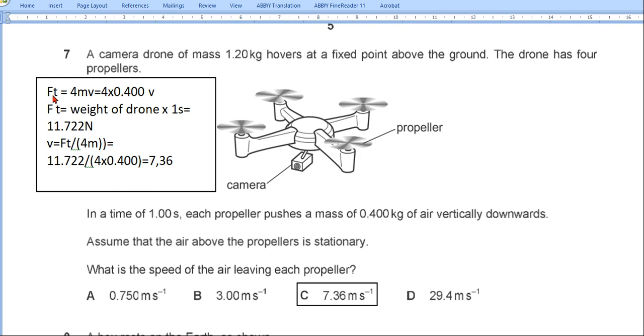One is weight, another is force from the propeller. So they are equal. So force is equal to weight of the drone multiplied by 1 second. We get impulse, and impulse equals change in momentum, 4 times mass times velocity. And from these equations we can find that the answer is C.